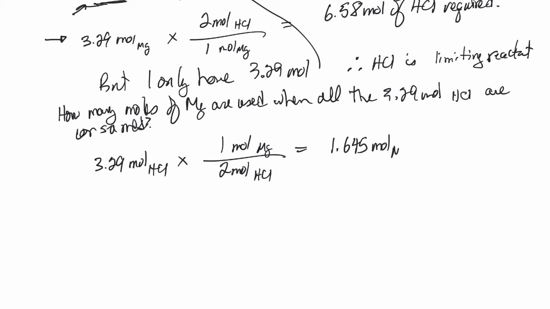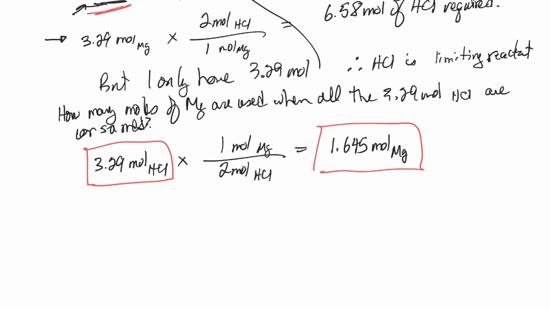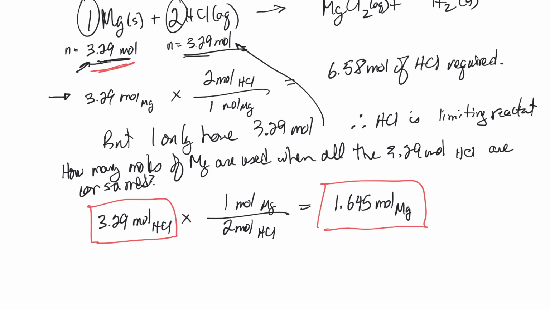1.645 moles of magnesium. So that means that if I use up all of this, it requires that many moles of magnesium. And when I look up here, well, you might not be able to see that, I've got plenty. I've got 3.29, and here I needed 1.645 to get rid of all the HCl. So to figure out how much is left over, that's what they say, how many moles of excess reactant are left over.